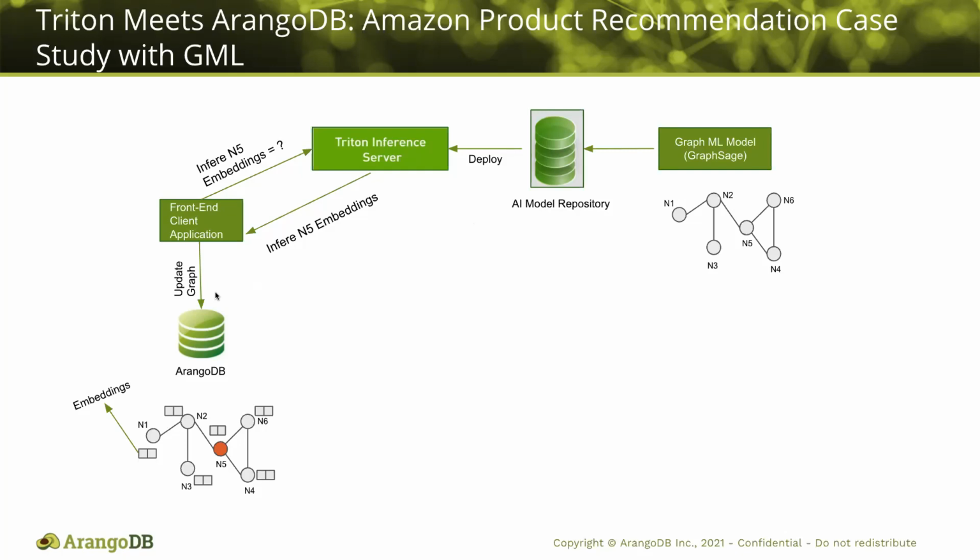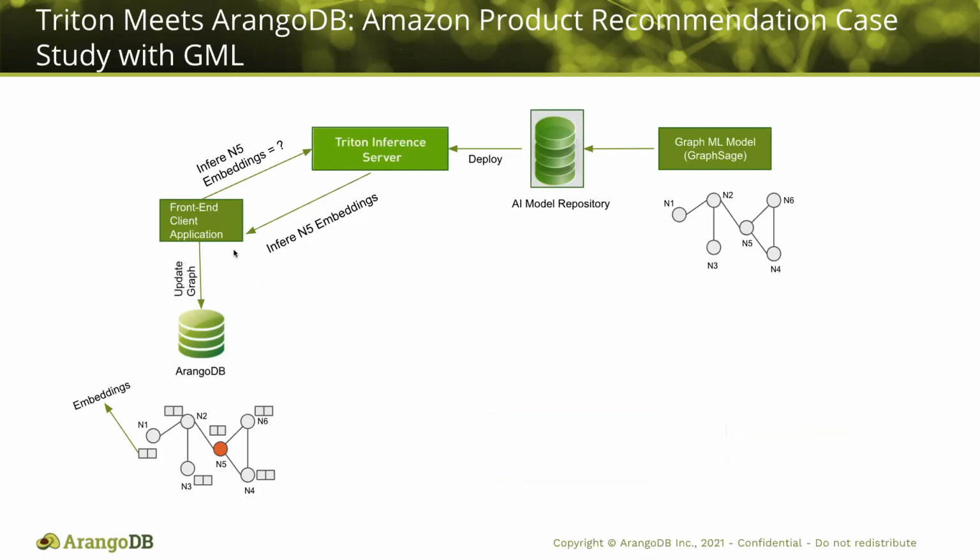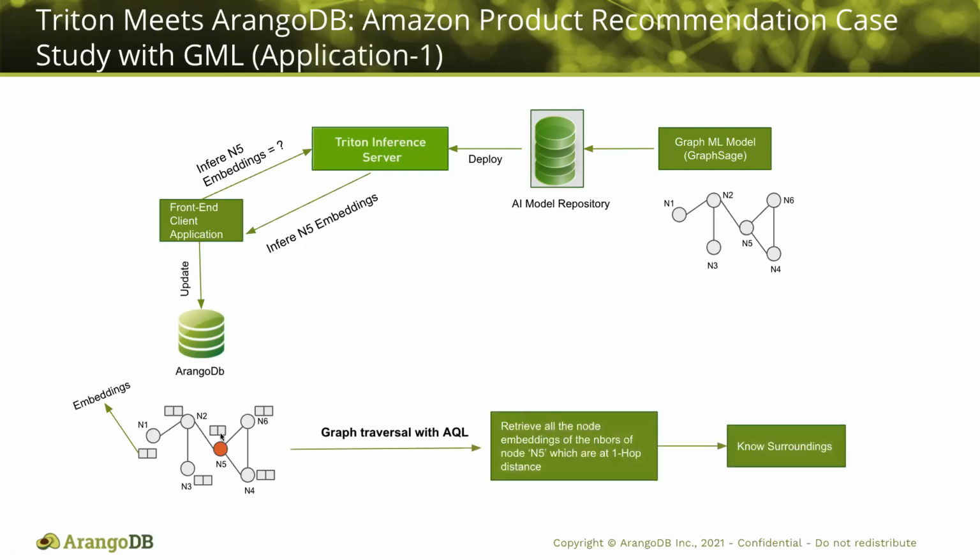We request these N5 embeddings via our client application. We get back the embeddings from the Triton server, and then we update the graph, which is basically residing in the Arango database, with these newly added embeddings for node N5.